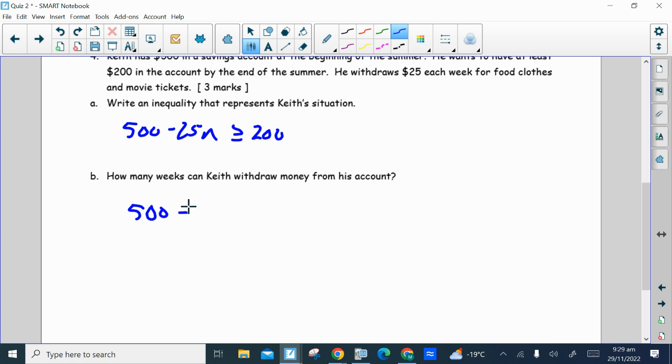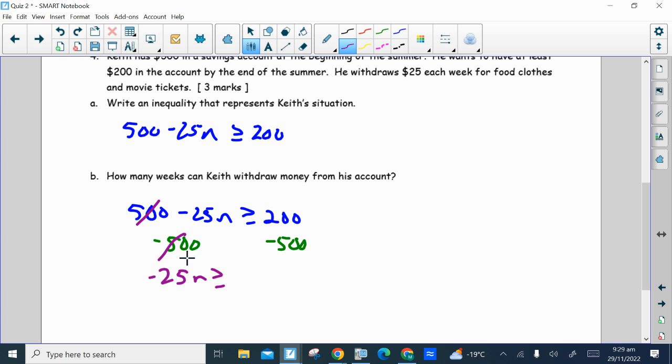So if I start with it again, I'll subtract 500 from both sides. They'll cancel on the left, but I still have negative 25n there. And on the right, 200 take away 500 is negative 300.